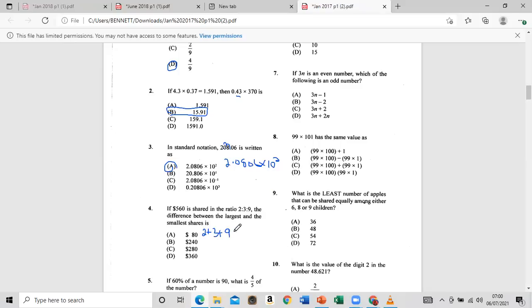So that gives us 14. Now they say the largest and the smallest share. So the smallest share would be 2 out of the 14 times 560.